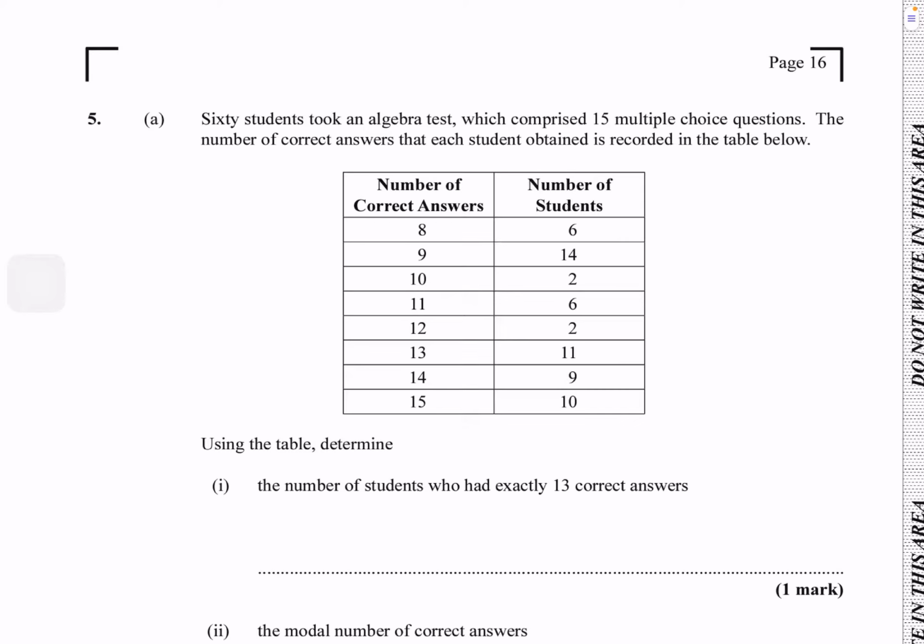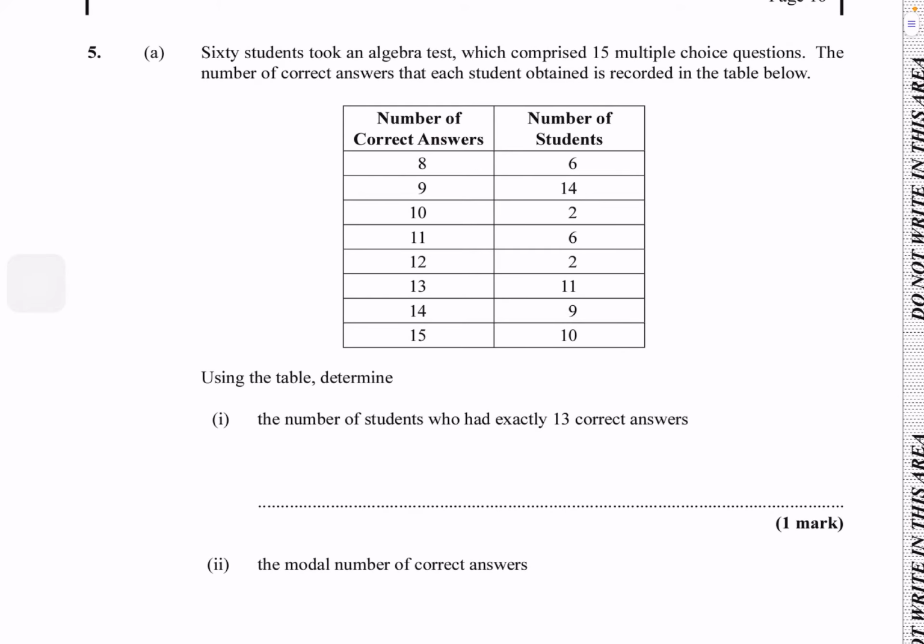60 students took an algebra test, which comprised of 15 multiple choice questions. The number of correct answers that each student obtained is recorded in a table below. Okay? So the correct answers range from 8 to 15. The first question asked to determine the number of students who had exactly 13 correct answers.